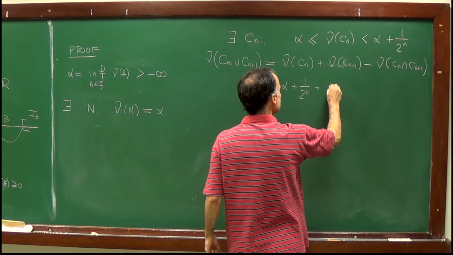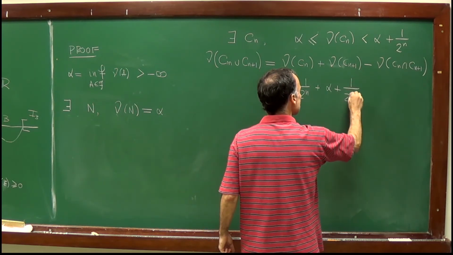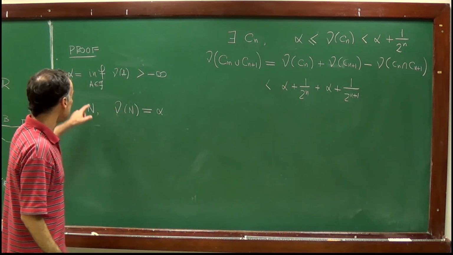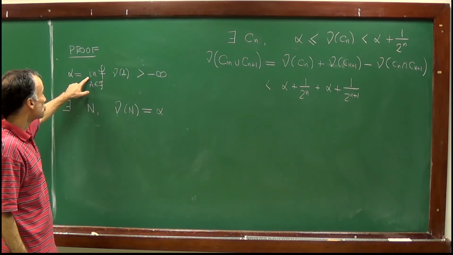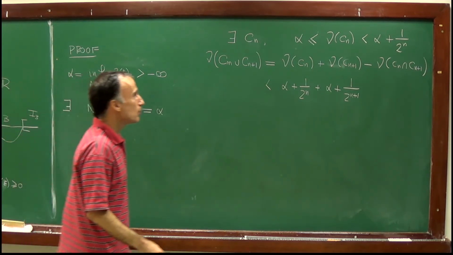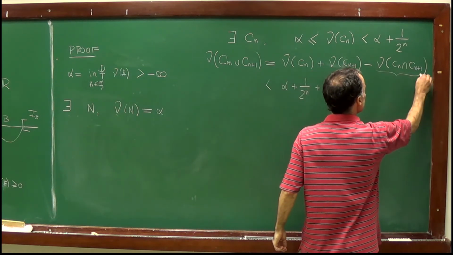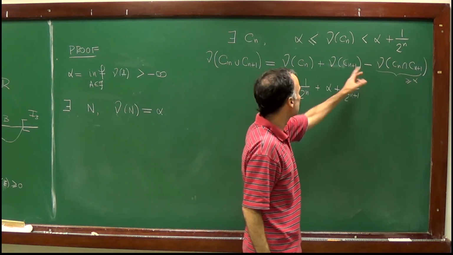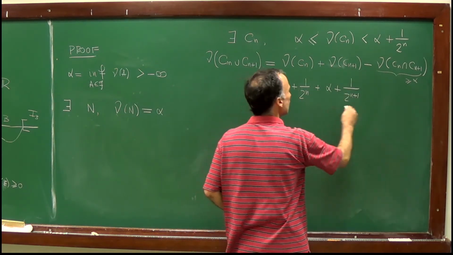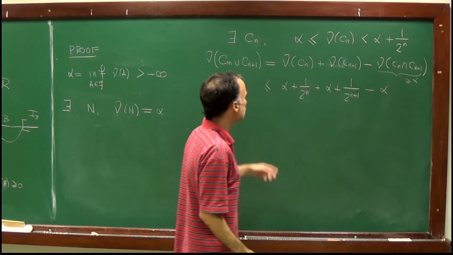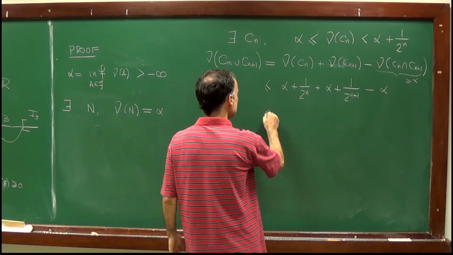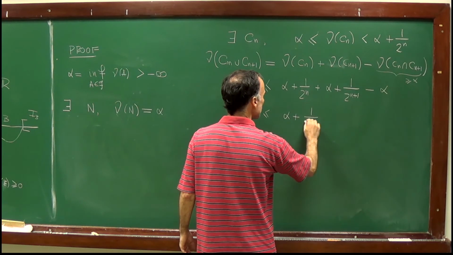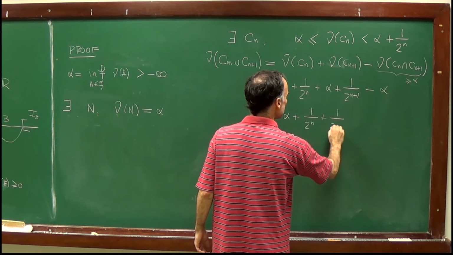The measure of Cn plus 1 is bounded by alpha plus 1 over 2 to the n plus 1. While the measure of the intersection should be larger than the infimum, so the measure of the intersection is certainly larger than or equal to alpha, which is the infimum, and with the minus sign we get that it's less than or equal to minus alpha. So one of the alpha cancels, and what we get is that the measure of this set is bounded by alpha plus 1 over 2 to the n plus 1 over 2 to the n plus 1.